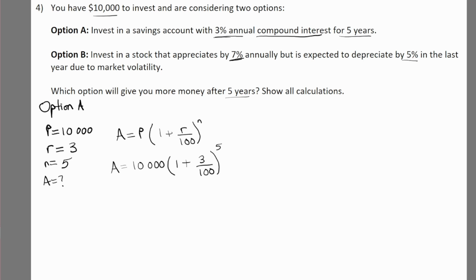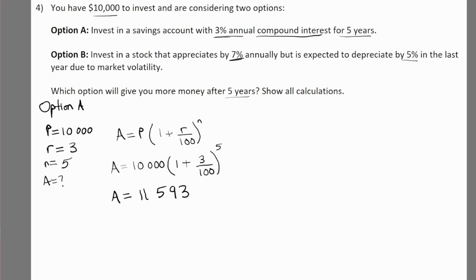And now we're going to get those numbers on our calculator, and we get that the total amount after 5 years will be 11,593. I will be dealing with this to the nearest dollar.